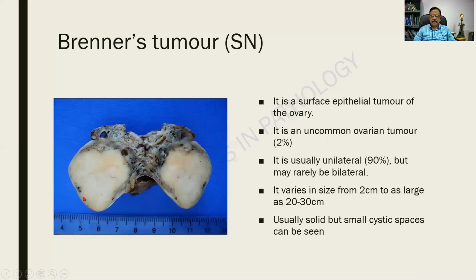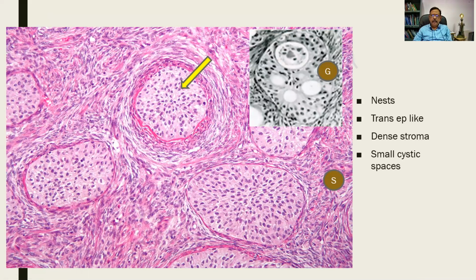Look at this one. This is a solid tumor and then it is being surrounded by a gray-white supporting tissue. There are no areas of hemorrhage or necrosis seen in this. Again, a microscopic picture. The tumor is composed of nests of cells, which may be small or large.